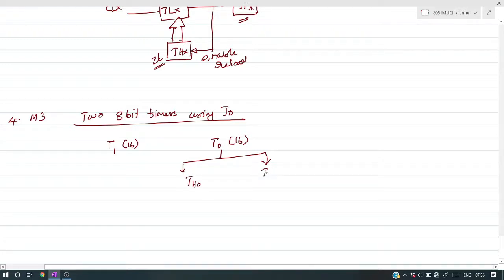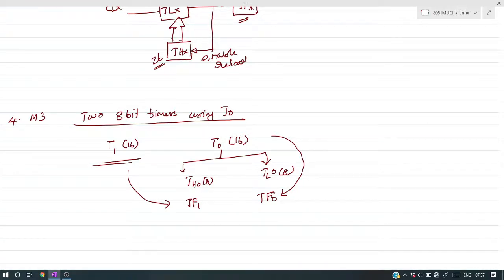TH0 and TL0, this is 8-bit, and this is also 8-bit. We know the overflow flag corresponding to T1 is TF1, and in the case of T0, the overflow flag is TF0. So in this mode, the overflow flag of TL0 is TF0, and this acts as one timer, this acts as another timer.